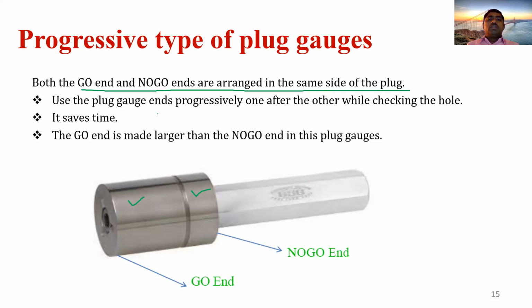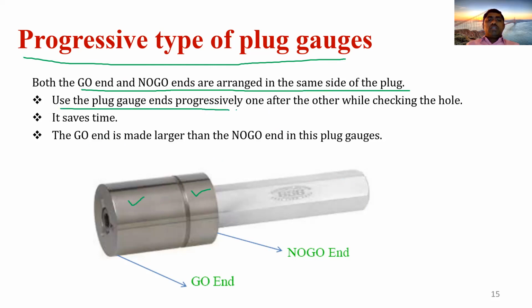In the earlier plain plug gauge, the go end is made on one side and the not go end on the other end. But in this, both go and no go ends are made on one side of the plug gauge. That is called the progressive type plug gauge.